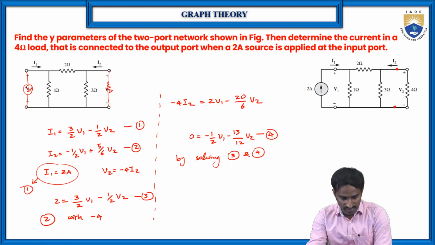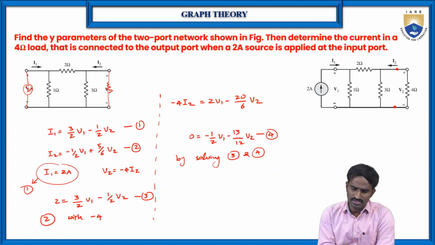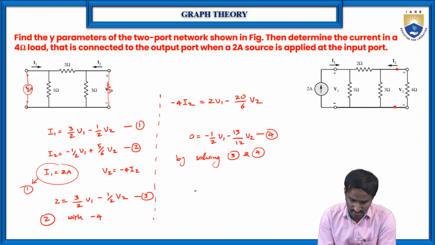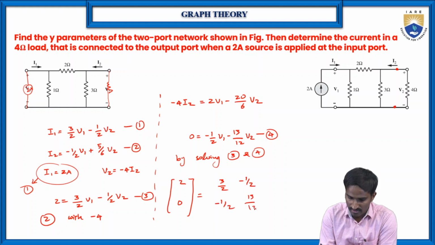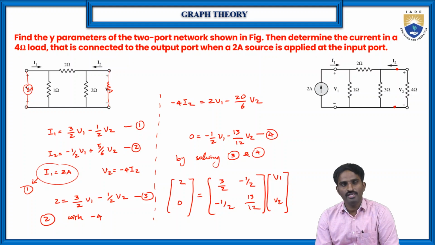So let me write these equations in matrix form. I1 is equal to 2 and I2 is equal to 0, which equals the matrix with first row 3 by 2 and minus 1 by 2, and second row minus 1 by 2 and 13 by 12, into V1 and V2.